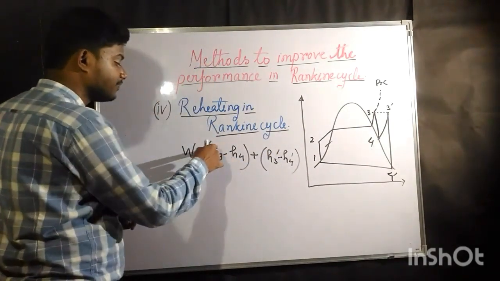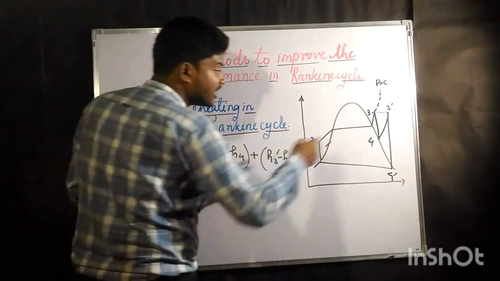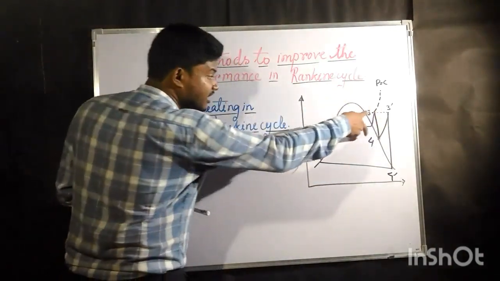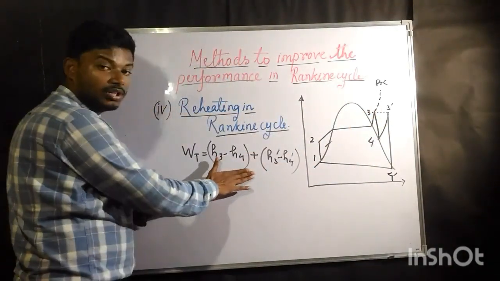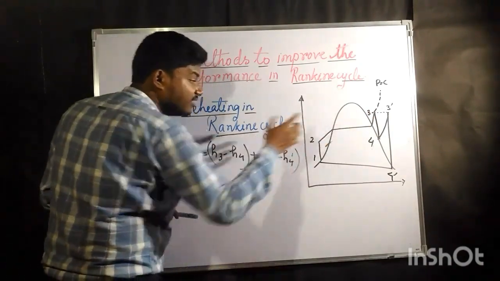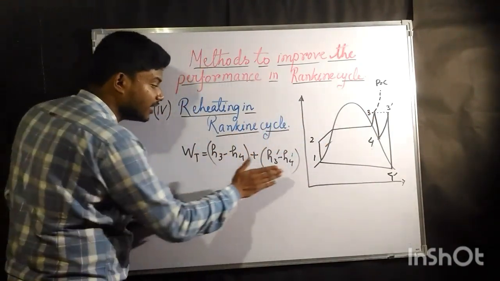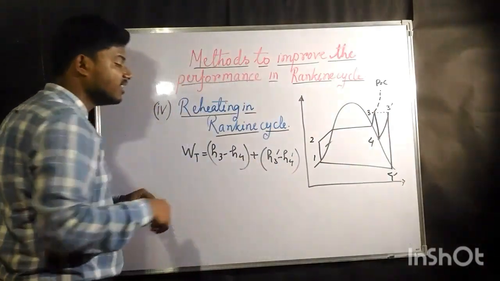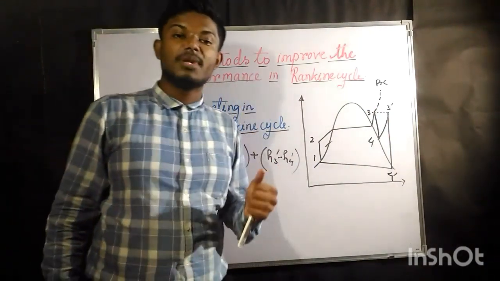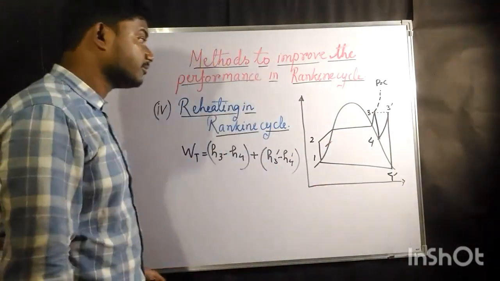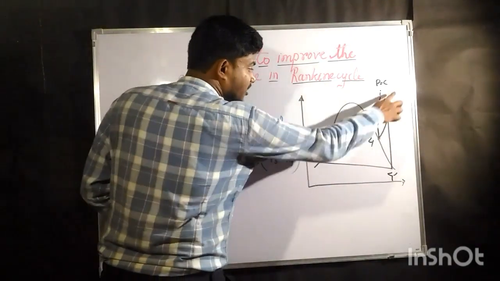Sorry, the high pressure turbine is H3 to H4. So H3 minus H4 is the work taken out from the high pressure turbine, and H3 dash to H4 dash is the work taken out from the low pressure turbine.